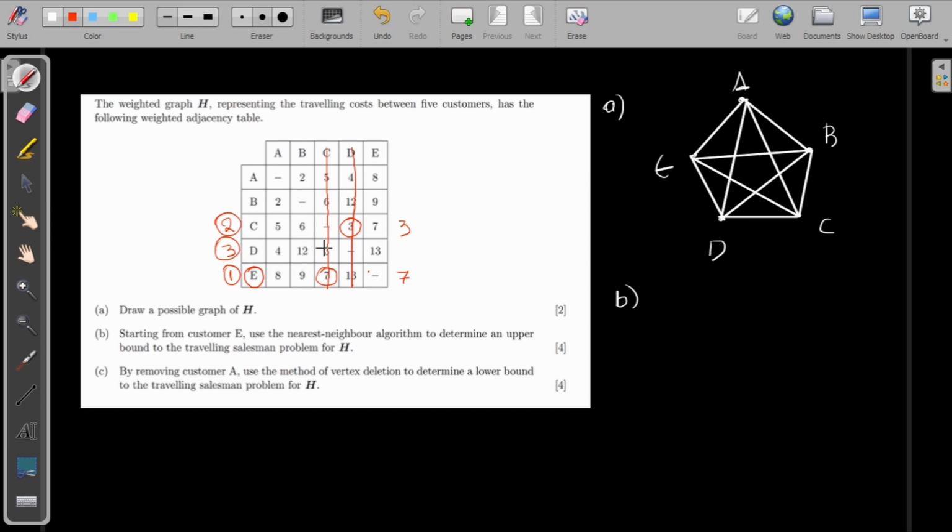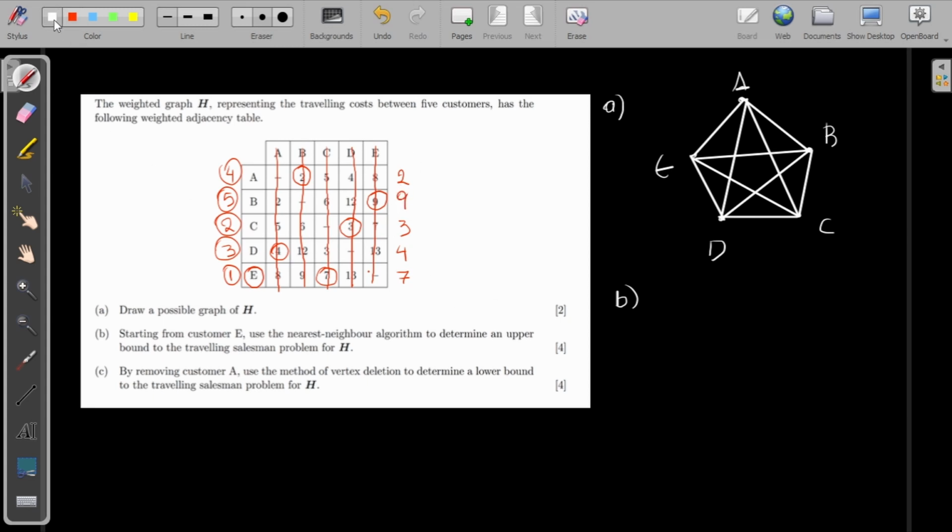Now from D, the lowest is 4, which means from D I go to A. I delete this vertex. Now from A, I should visit B. So this is my fifth one. And from B, I have to go back to E, where I started, which is 9.